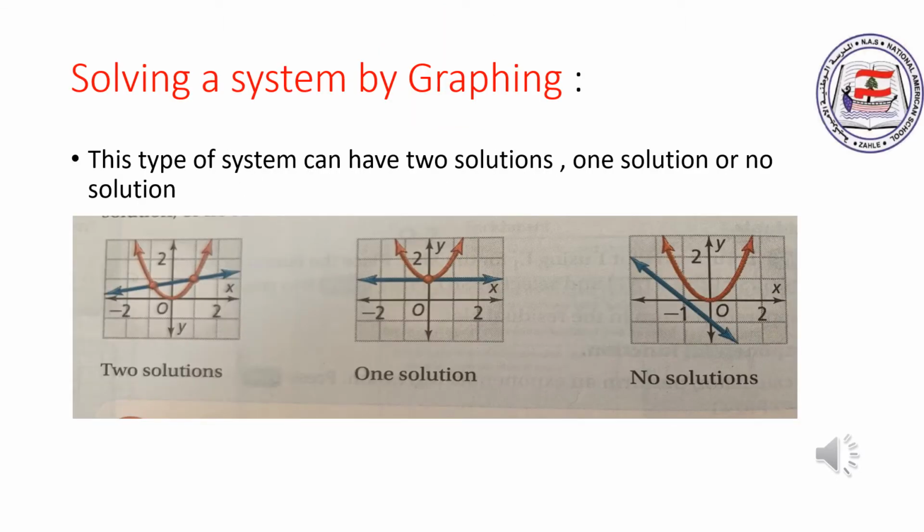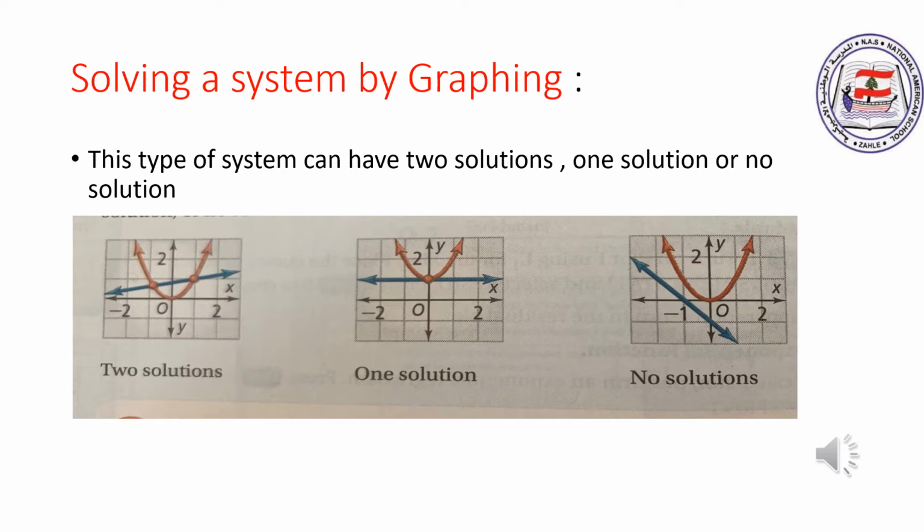We can solve a system of quadratic and linear equations by two different methods. The first one is by graphing. It means we need to represent graphically the curve of the quadratic equation and the straight line representing the linear equation.